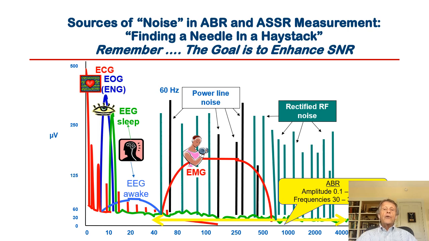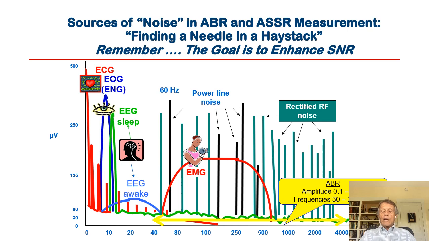Very little or no electrical artifact, little or no myogenic muscle artifact, and as much emphasis on the actual frequencies of the response that you're recording. And it can be done, but it's challenging. And the biggest thing you can do really is to assure that your baby is sleeping as quietly as possible.